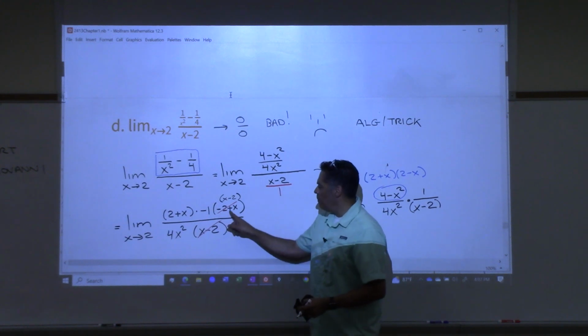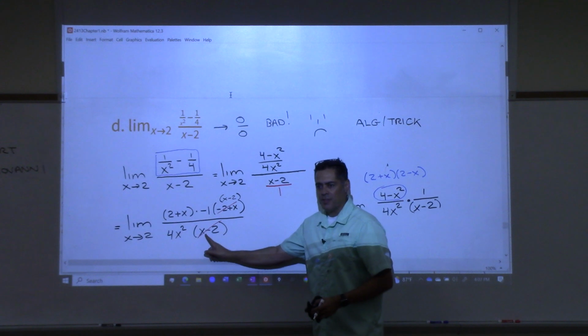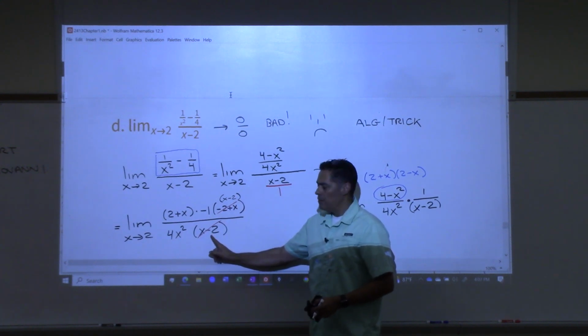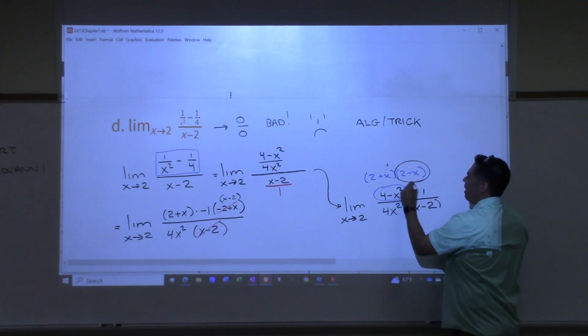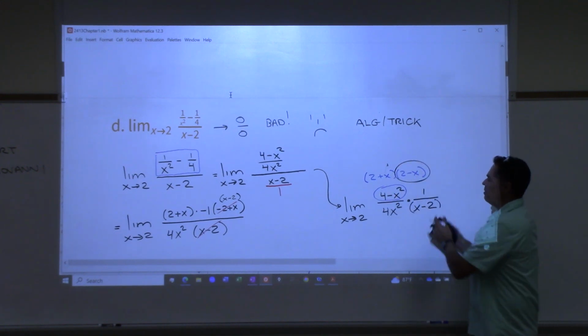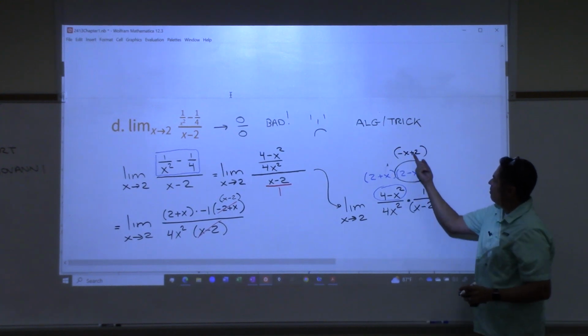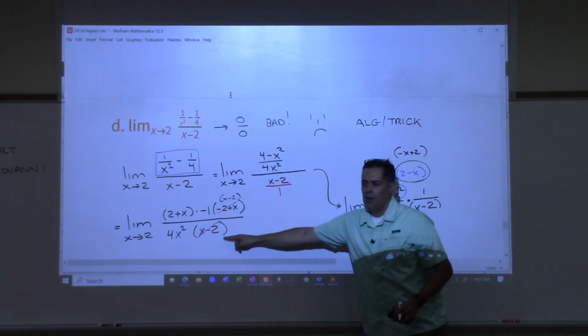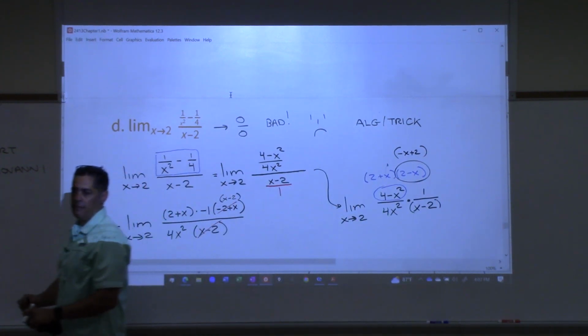Instead of negative 2 plus x, I could have written positive x minus 2, and then these two are exactly the same. But do you see how important it was that I pulled that negative out? Like if I leave it like this, they don't cancel. Because if I try and rearrange the order here, if I flip the order, it looks like that. Those are not the same. I have to pull that negative one out first, then I can do the canceling.